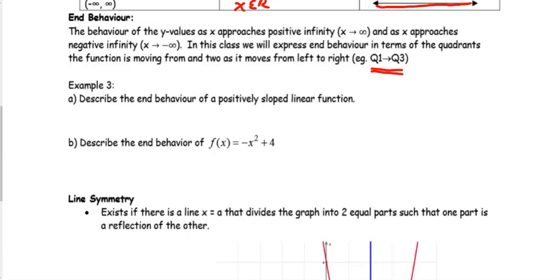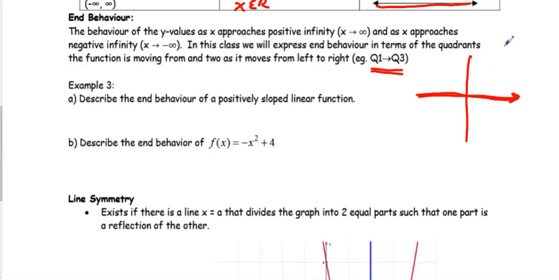So what we're really always talking about is how the function behaves as we move left to right on our Cartesian plane. Always sweep from left to right and ask yourself, what is happening to my Y's? Where are they coming from, and where are they going? They're always coming from one quadrant, even if it doesn't look like they are.